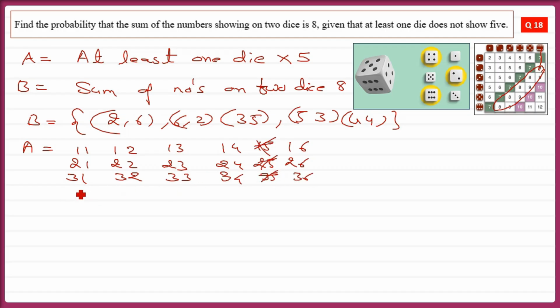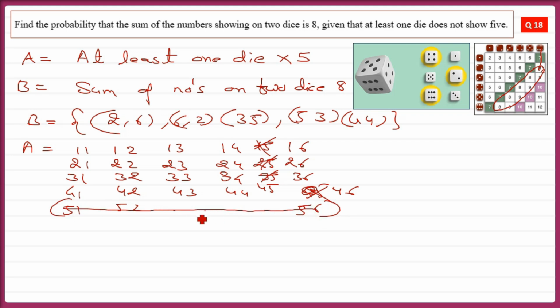I'm just cutting it out to let you know this is the whole sample space of when 2 dice are thrown, but all the elements with 5, like 4, 5, I am ignoring. Now 5, 1 to 5, 6 all contain 5, so we don't want this. The whole line you need to ignore. All of 5 1, 5 2, 5 3, 5 4, 5 5, 5 6 you have to ignore. Then again 6 5 has to be ignored.